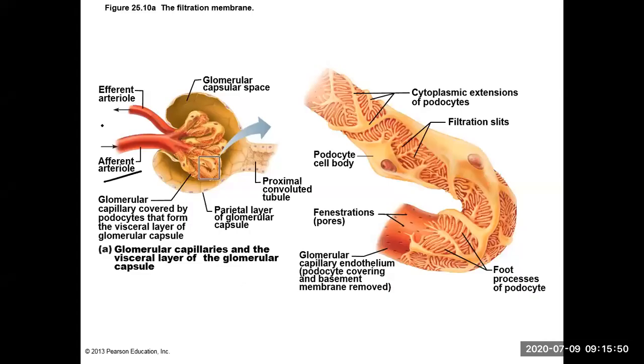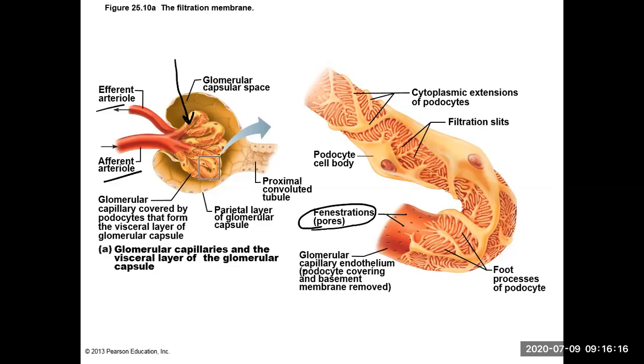Here's the afferent arteriole, here's the efferent arteriole, here's the glomerulus. When we enlarge this part, we can see these are not ordinary capillaries. The glomerulus is a special capillary bed with fenestrations, or tiny little pores.